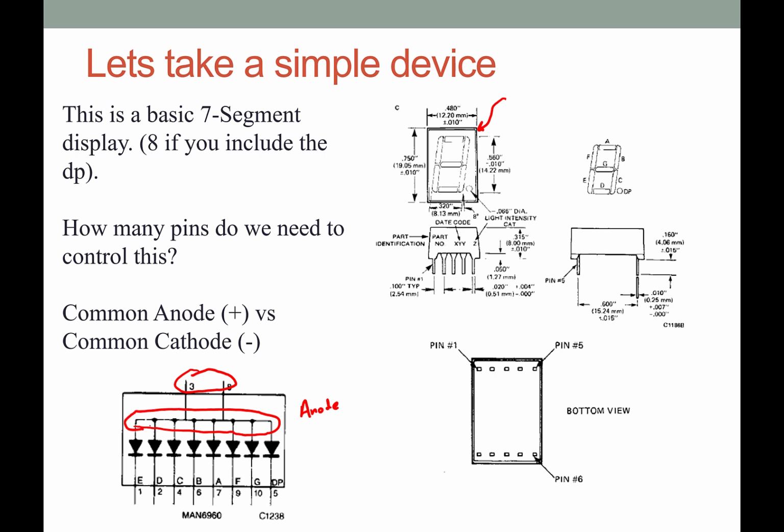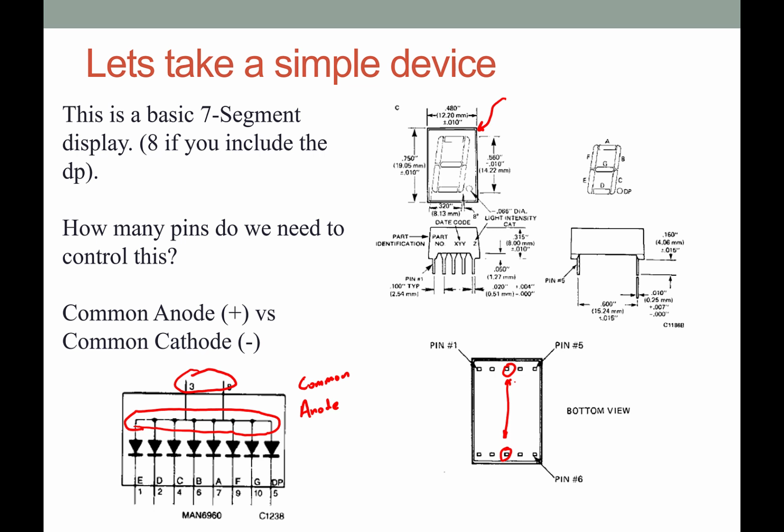So this is sort of called the common anode configuration, because all of the anodes of each of the diodes are connected together and they're common, and it looks like you can access that with pin 3 and pin 8 of the 7-segment display. So here would be pin 3, here would be pin 8. So basically it's showing that those 2 pins are sort of tied together.